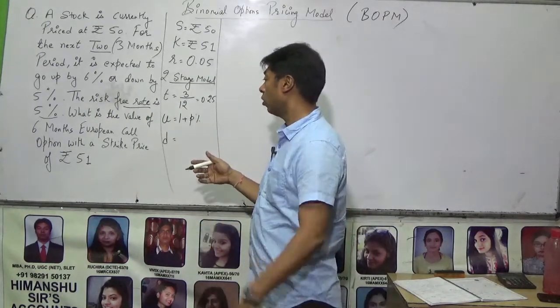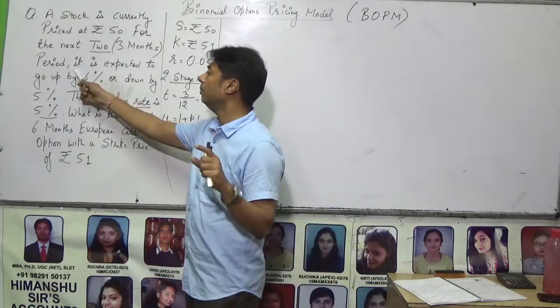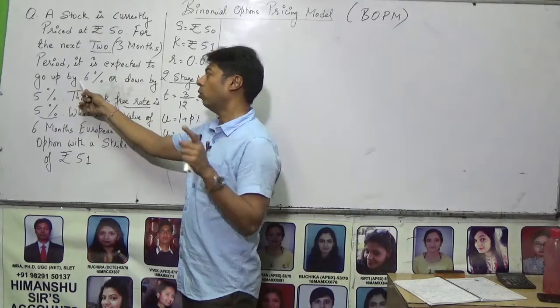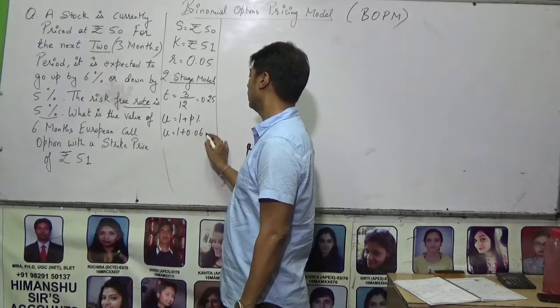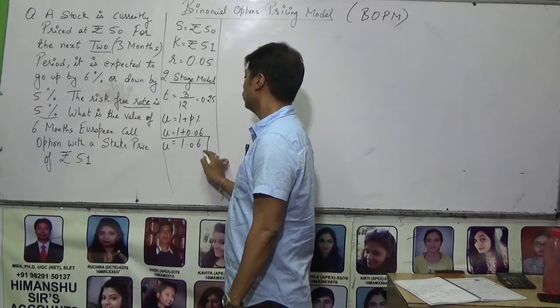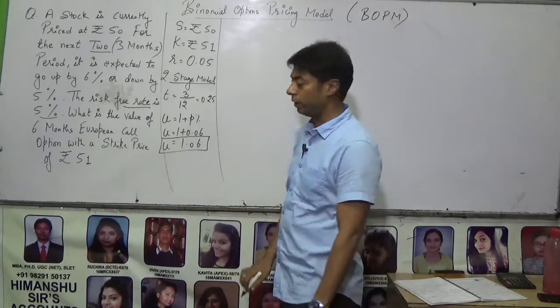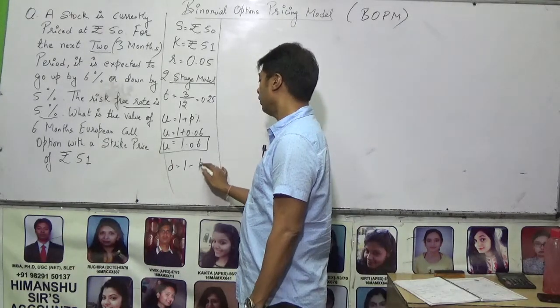If the stock price is going to go up by 6%, then 1 plus 0.06 gives 1.06. So the value of u is equal to 1.06.